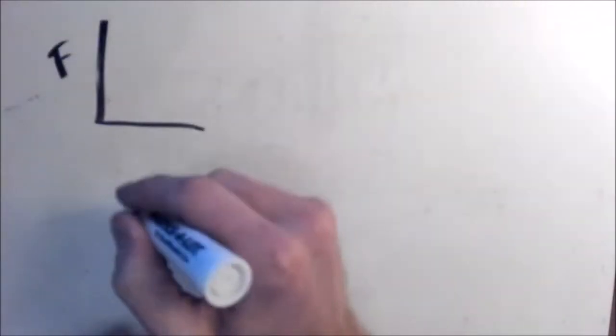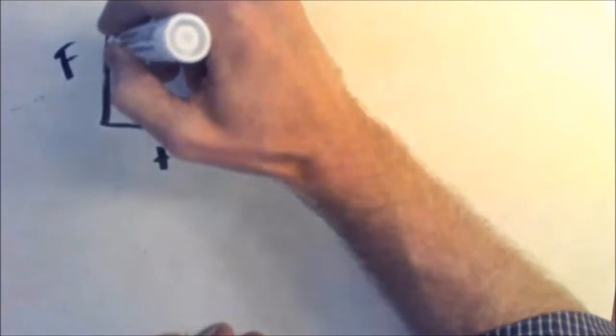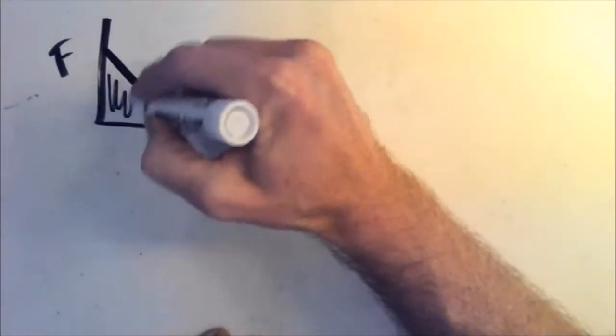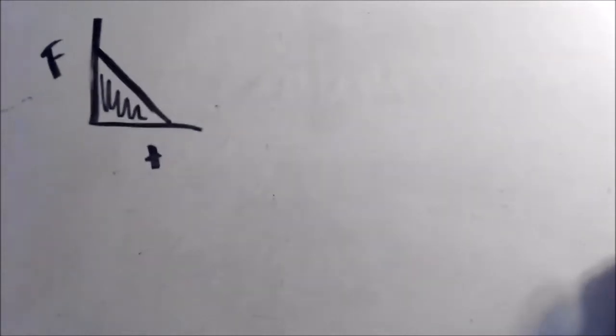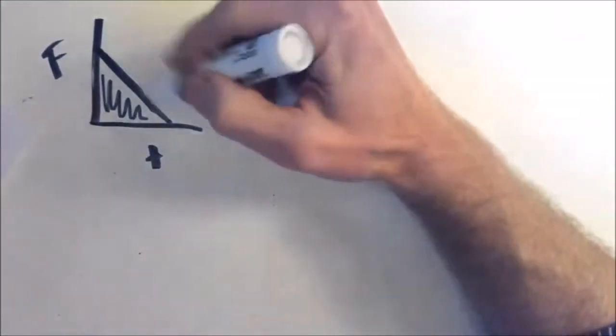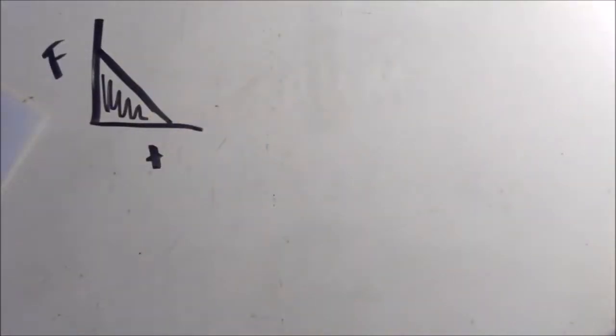All right, so we have force on our y and time on our x. What does this graph tell us? This graph tells us that we have a lot of force and then less and less down to zero force over a period of time. Now, what can we find out additionally from this graph?